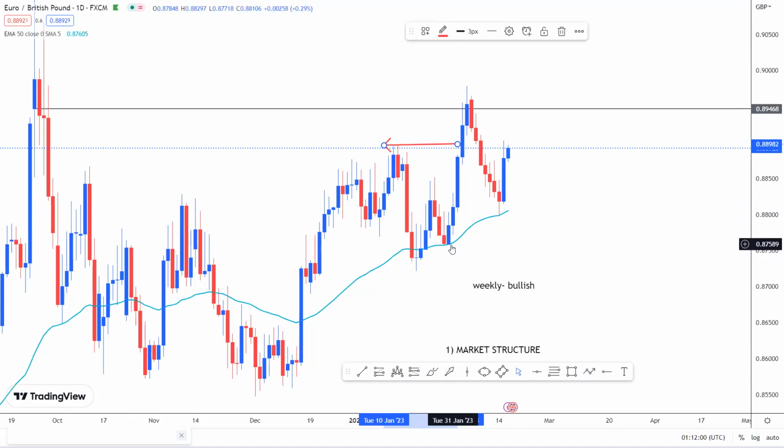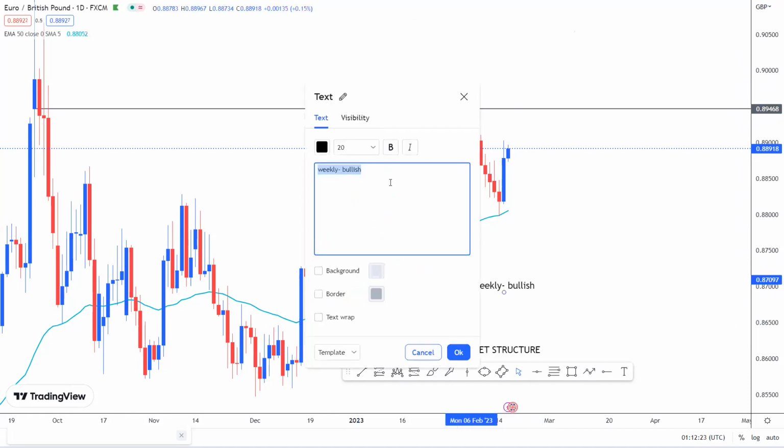And we have a higher low, and then a potential new higher low right here. As you can see, the market is already turning with much bullish pressure, continuing in the bullish moves back to the upside. So we have the weekly time frame bullish, the daily time frame also bullish.